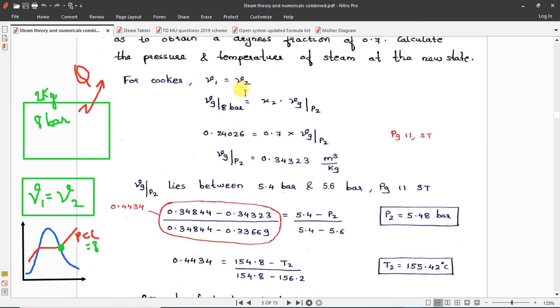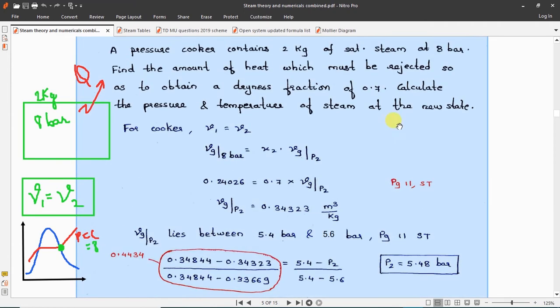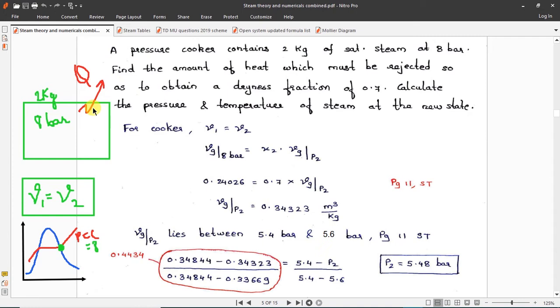Now for V2, it is given in the question that some heat is rejected, and because of this heat rejection, the resultant steam which is left in the pressure cooker has a dryness fraction of 0.7. What is the meaning of this?